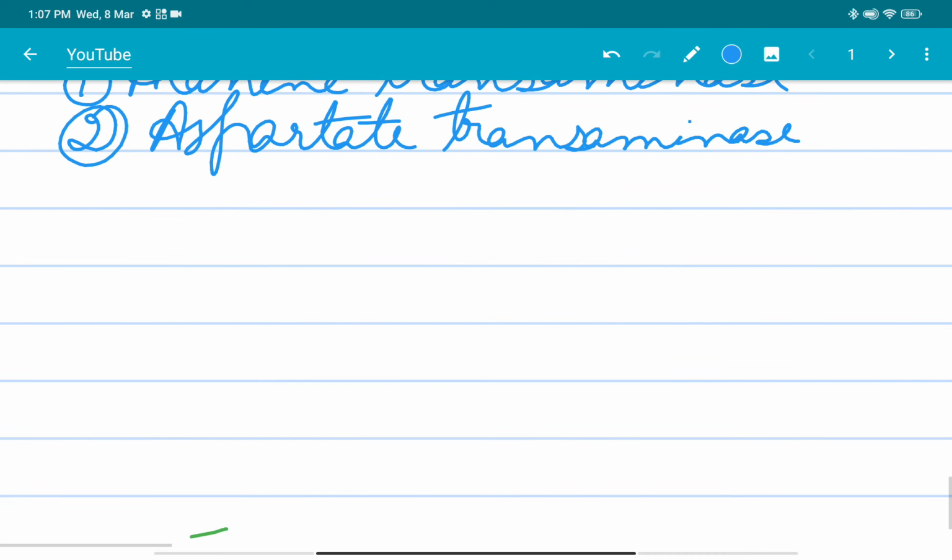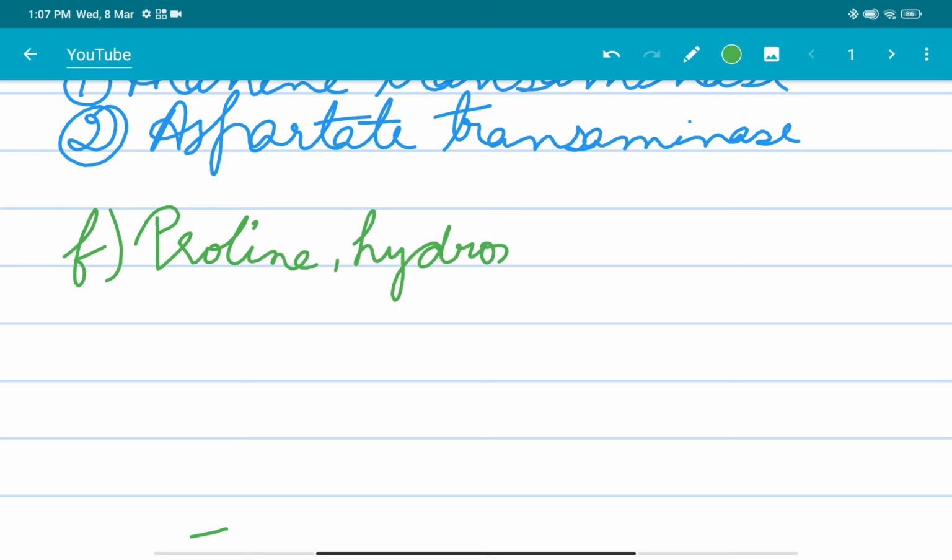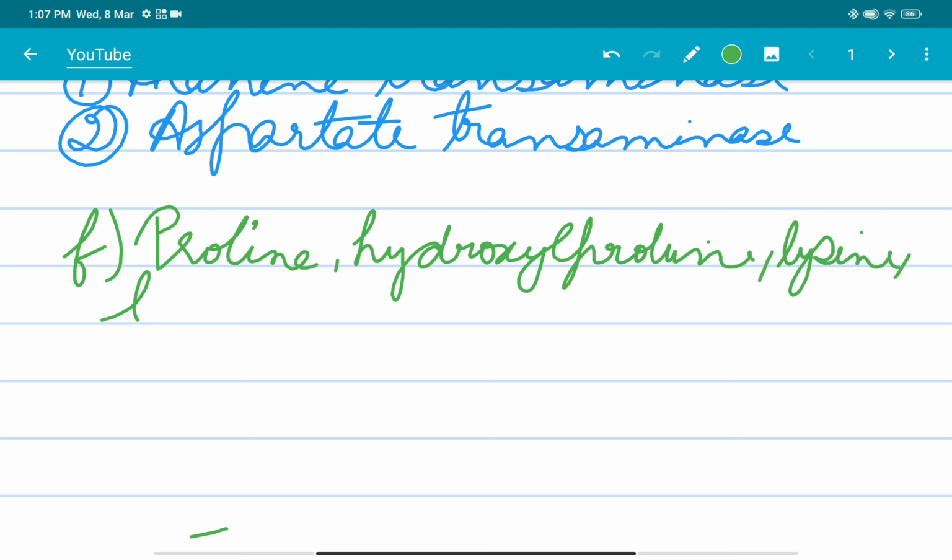All the amino acids will undergo the process of transamination except a few amino acids. So proline, hydroxyproline, lysine and threonine.